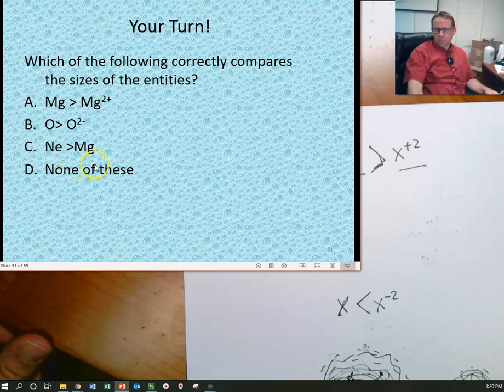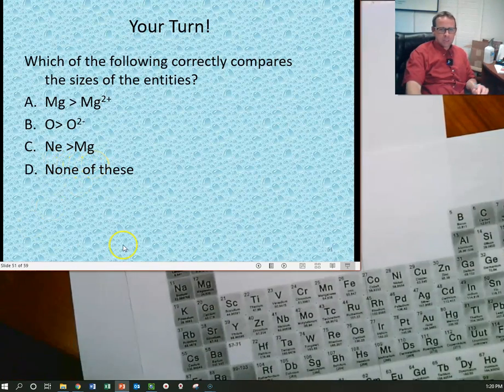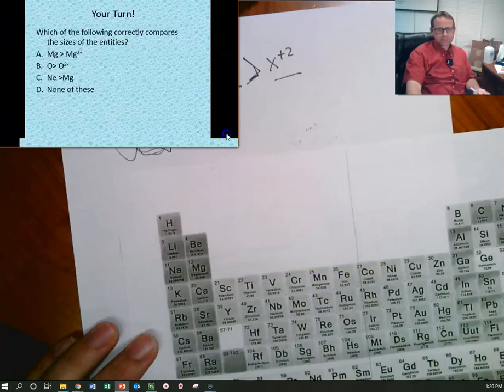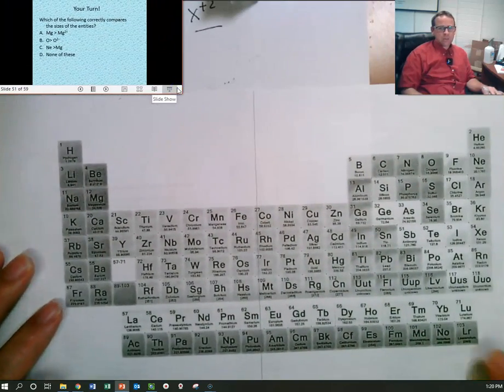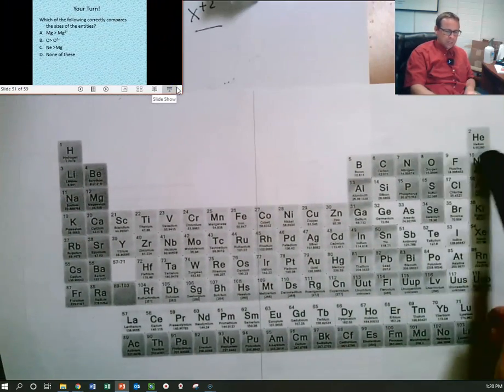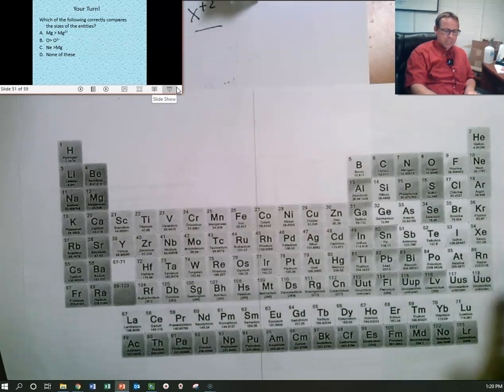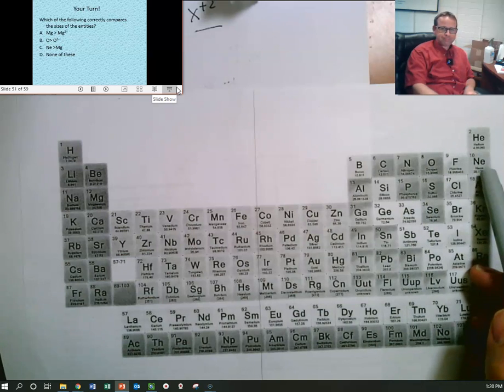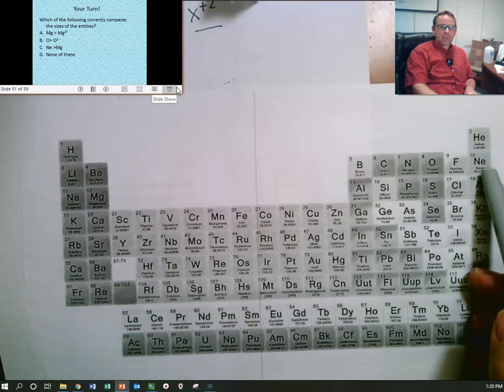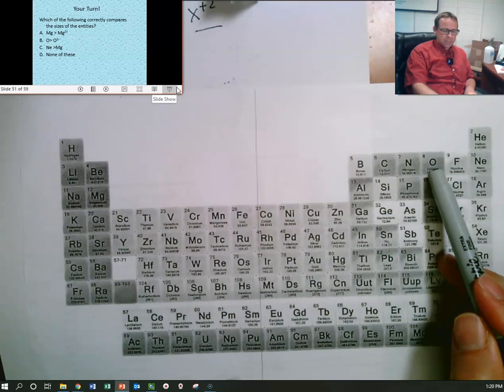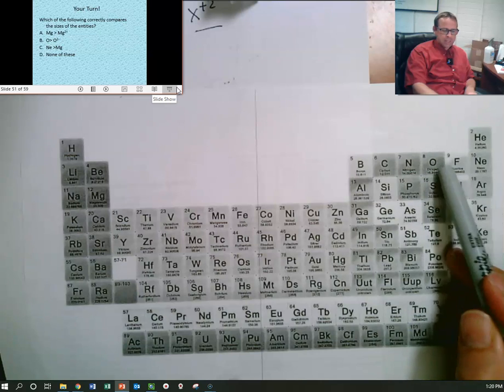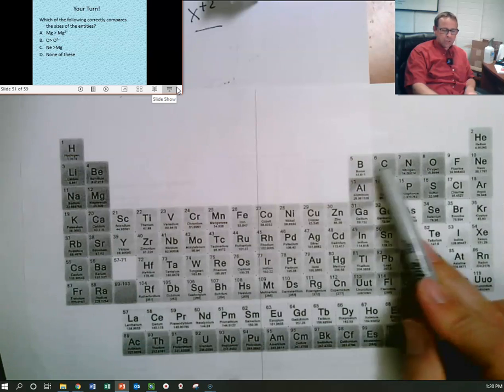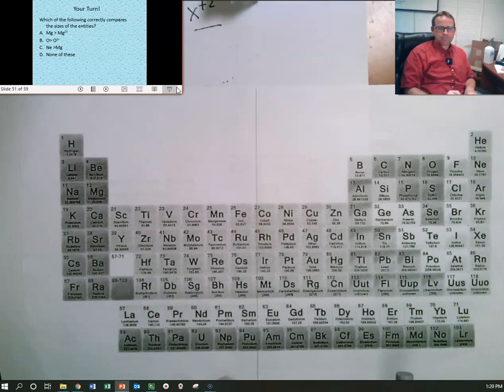Neon smaller than oxygen. So let's bring up our periodic table and take a look at where we're at here. So neon and oxygen, why would we say that neon would be smaller? Well, because it has more protons. That's right. And all the electrons that are added in from oxygen to neon are going in the same 2p subshell, right?